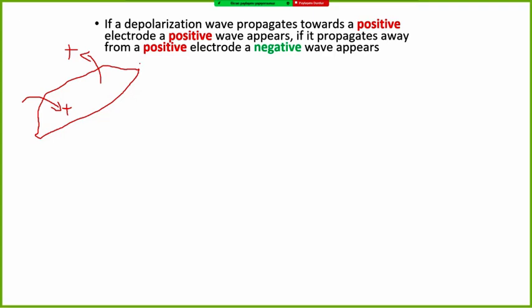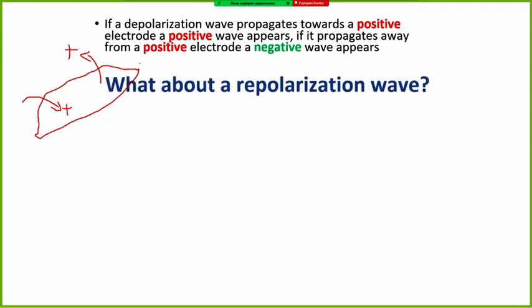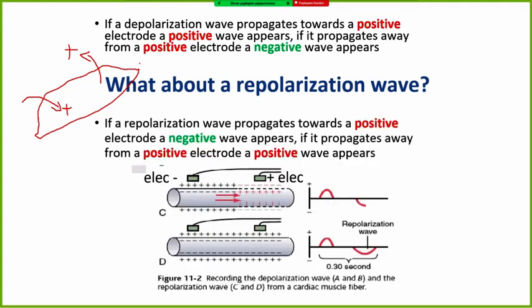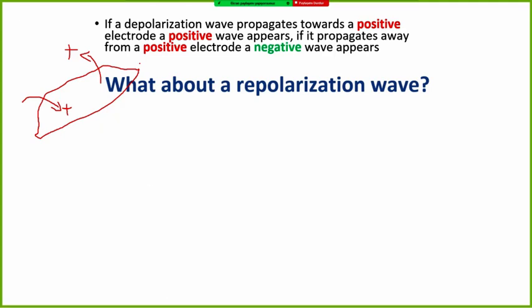So, what about the repolarization wave? What happens if a repolarization wave propagates towards the positive electrode? Do we see a positive wave or a negative wave?